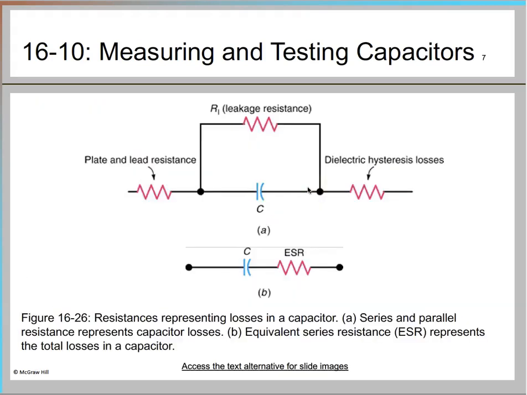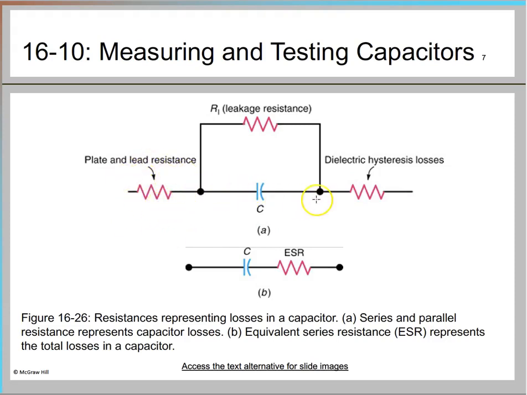Now next is the equivalent circuit of resistances representing losses in the capacitor. You can see this is the capacitor, and these are the three resistances which represent the loss in the capacitor. The first loss is due to plate and lead resistance.